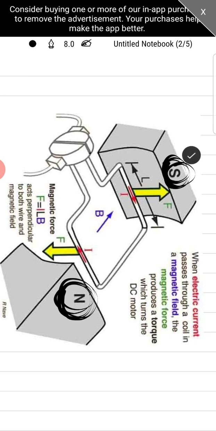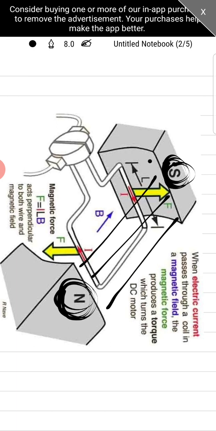So between these two permanent magnets, there will be a strong magnetic field, and magnetic lines of force will be passing between these two magnets.